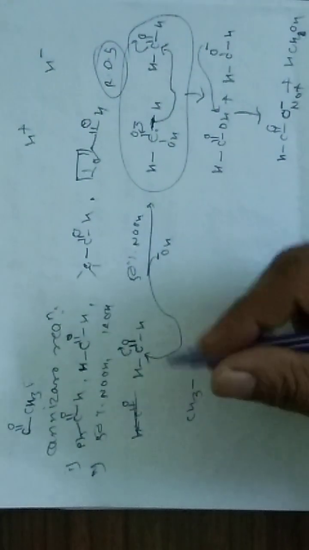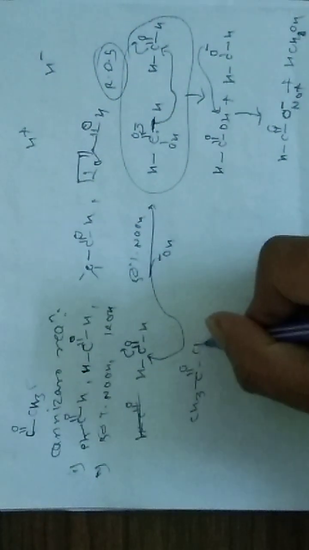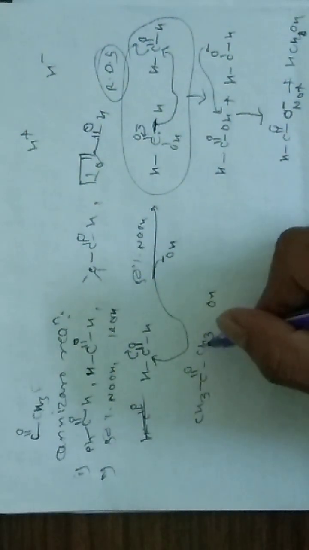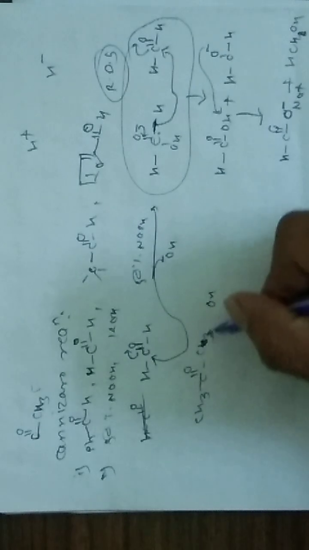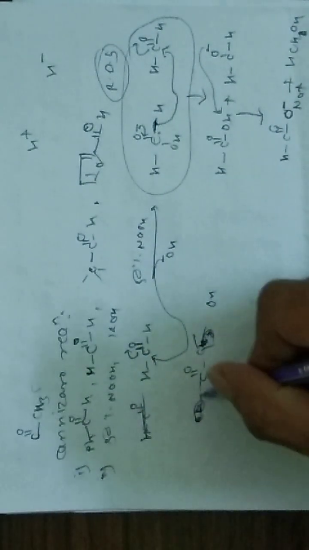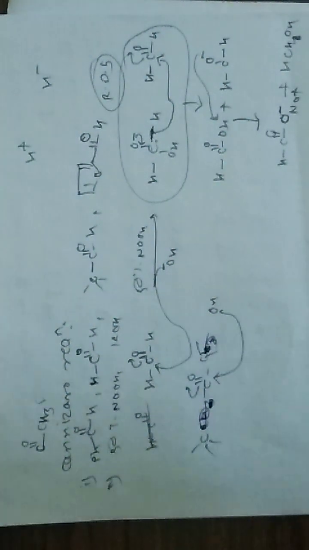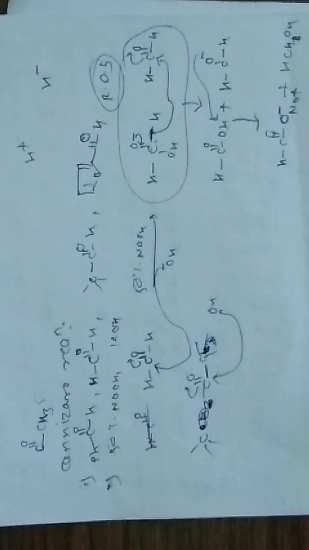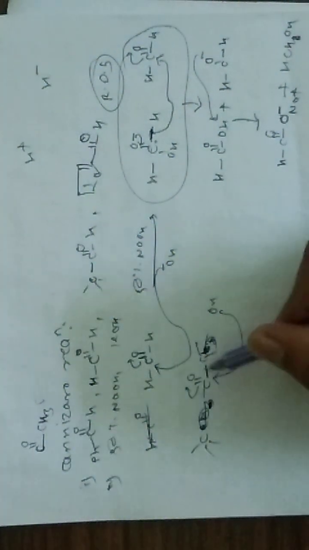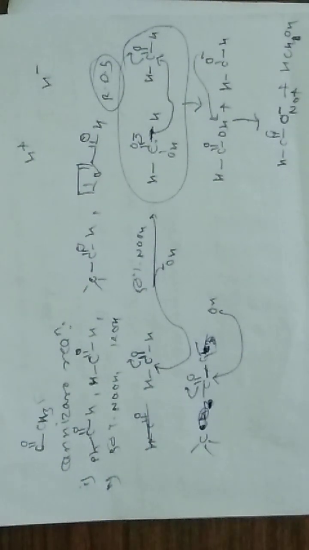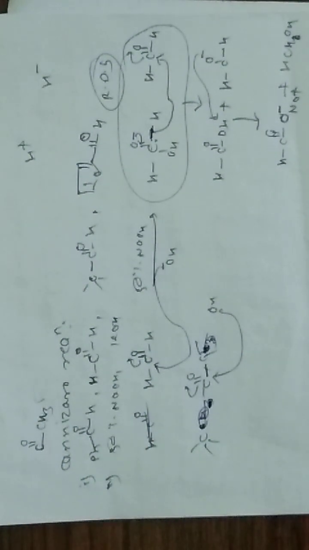Suppose acetone is there, CH3 C=O CH3. If OH minus attacks and the bond opens, there is no hydride ion to shift, and the carbon-carbon bond is stronger than the C-H bond, so it will not easily shift to attack the carbonyl carbon of another molecule. So ketones are not used in the Cannizzaro reaction, only aldehydes.